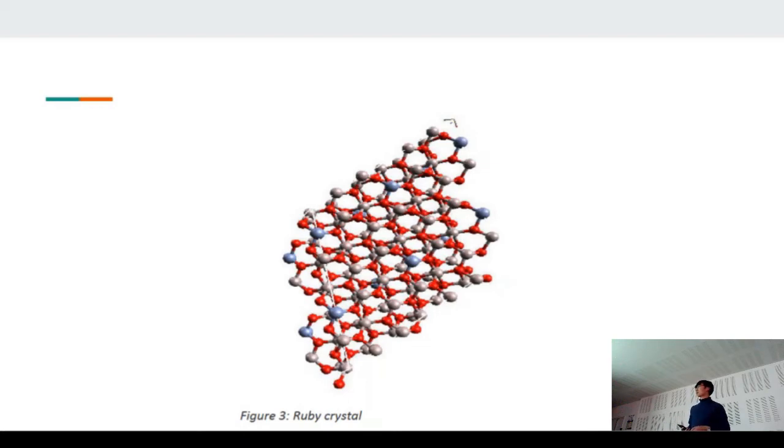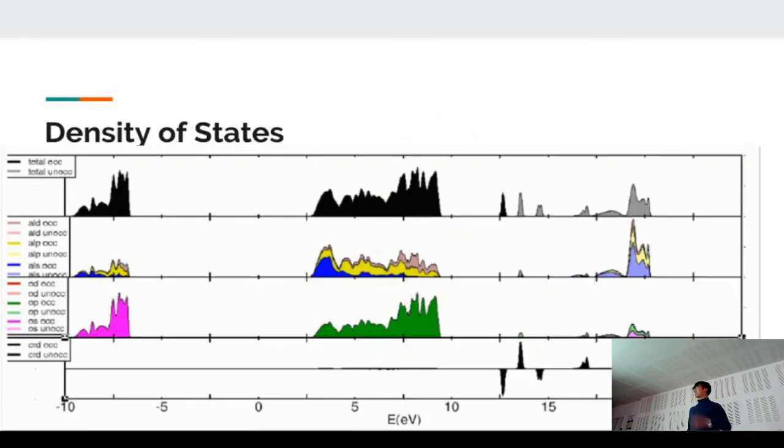Alright, so here is the density of states. You've seen this from Jafar. We have the total density of states here, and it's composed of the three different atoms we have in our cell. Over here represents the s orbital. Here is the p orbital, and if I'm not mistaken, including this one, these are the d orbitals.